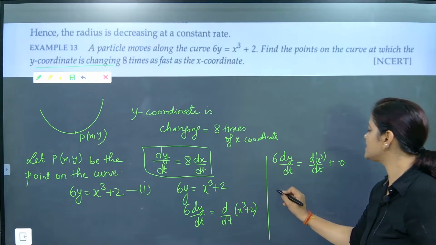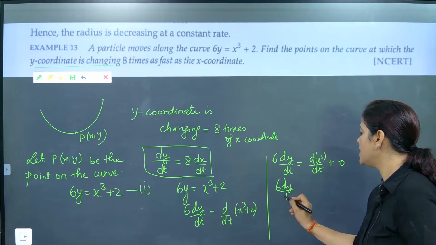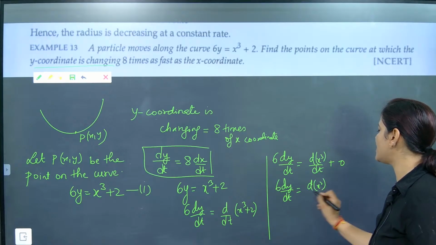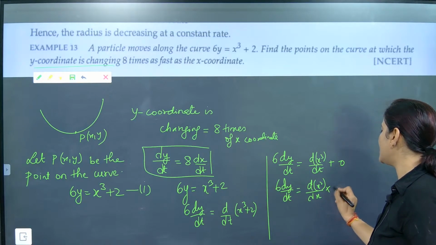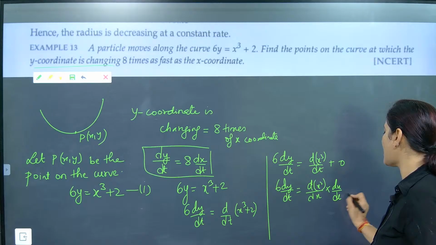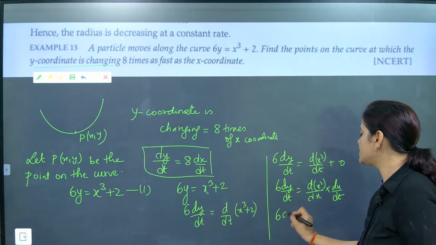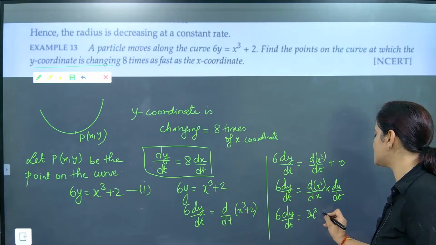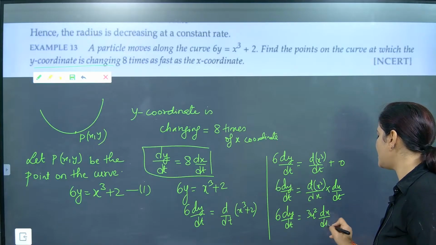Correct? So x cube is differentiated with respect to t, and it will become 6 dy by dt equal to 3x square dx by dt. Done?